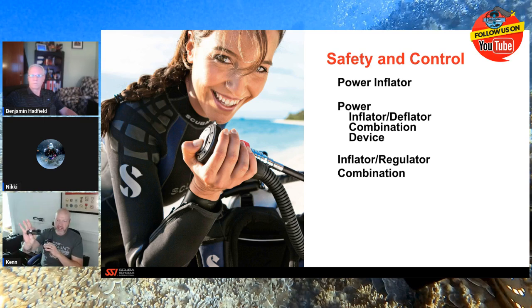So this has only got an inflate and a deflate button. And then this is the spare air, secondary air source type of inflator. So again, we have the inflate, we have the deflate, but this one we can also breathe off of while we're underwater if we are in an emergency situation.